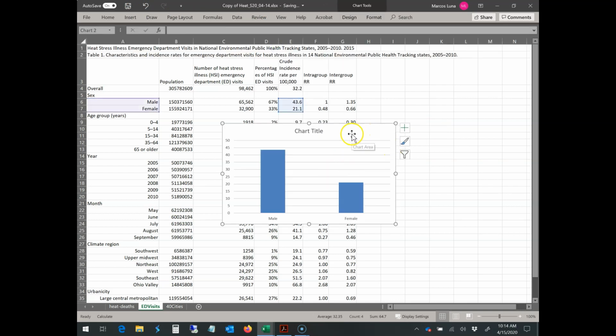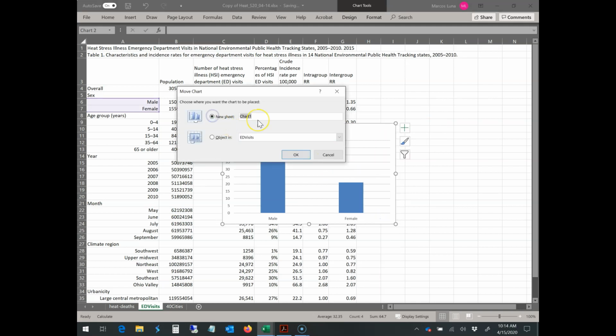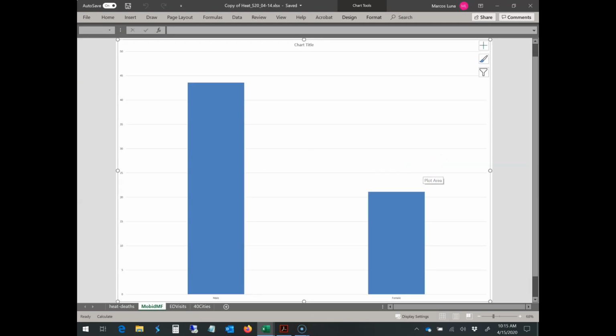And with those highlighted, we can then insert a column graph, which is what we use, and we see this familiar graph. And so we'll put that on its own sheet, move the chart to a new sheet, and we'll call that morbid MF. All right, and this one should have a clear title.